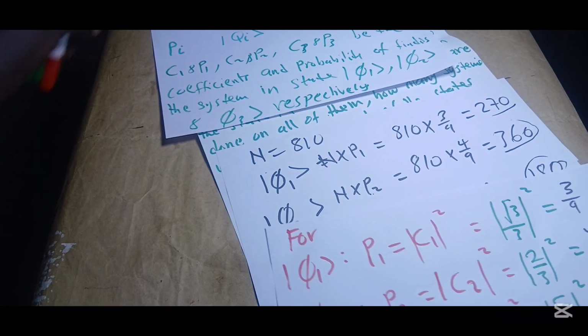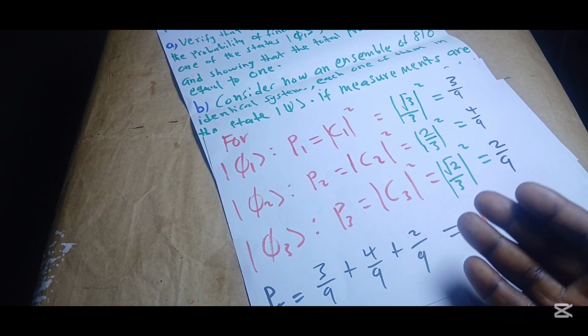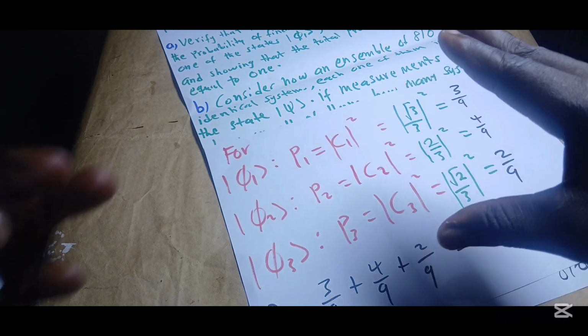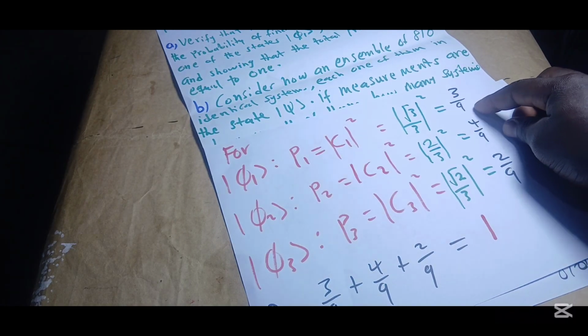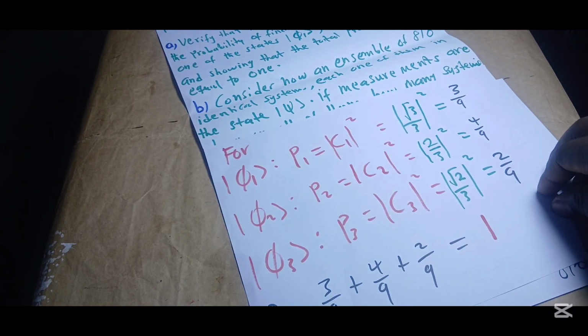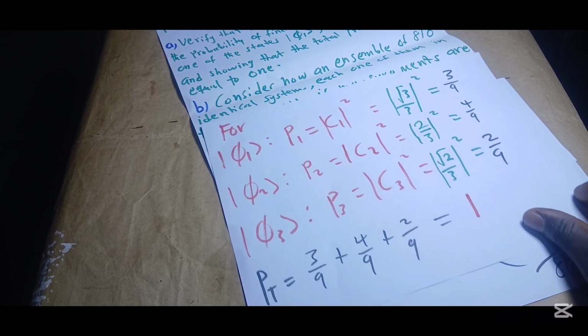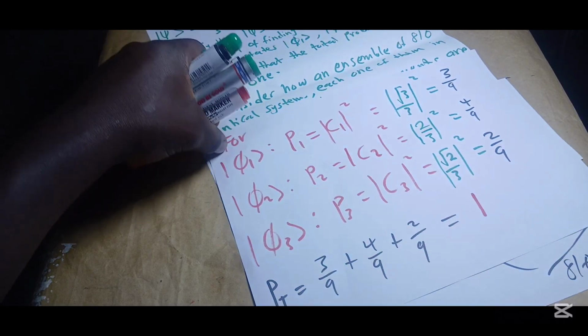Then we started our calculation: the probability of finding the state in phi 1 is equal to the absolute square of the coefficient of phi 1. That is what we did to get the probability contributions of phi 1, phi 2 and phi 3, and then we proved that the total probability equals 1. That is part A of the question.